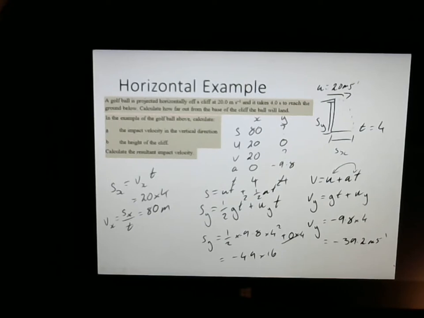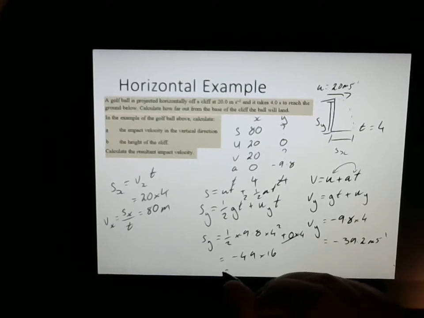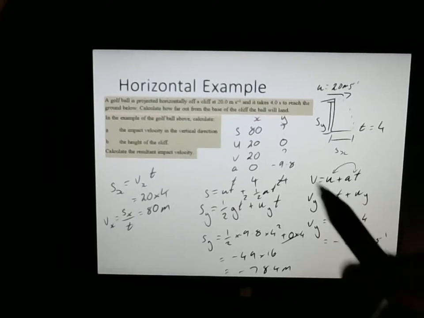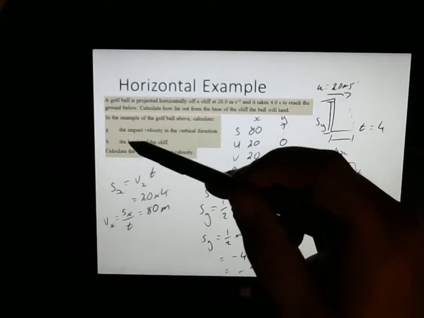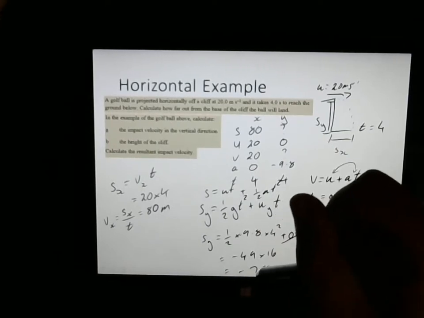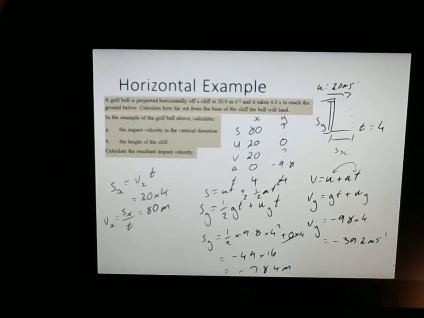So negative 4.9 times 16 is negative 78.4 meters. Now the thing is, it is asked for the height of the cliff. Height is a scalar quantity, so we would just say the height is equal to 78.4 meters. The negative here is telling us how far the ball fell downwards. So you do have to be aware of that.